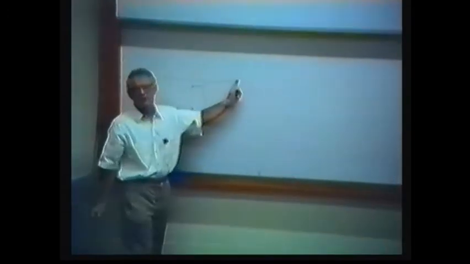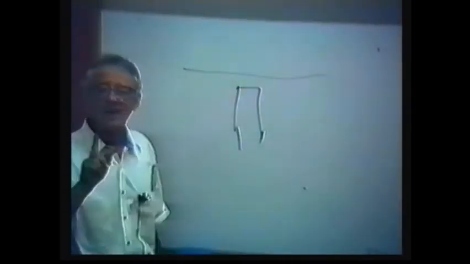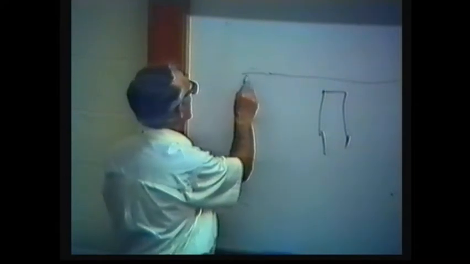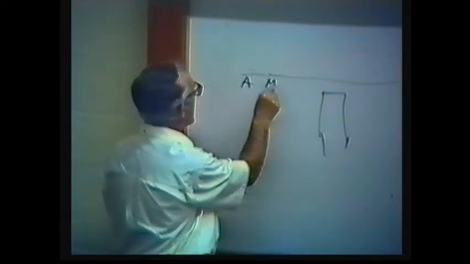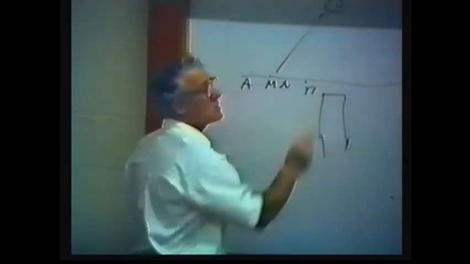We have a dike. Suppose a very small overburden. Suppose we have a very clever array, which is used more often than you think, because all of us are mainly involved in electromagnetic methods. Suppose we have our array A, M, N, B, and there is another electrode C.